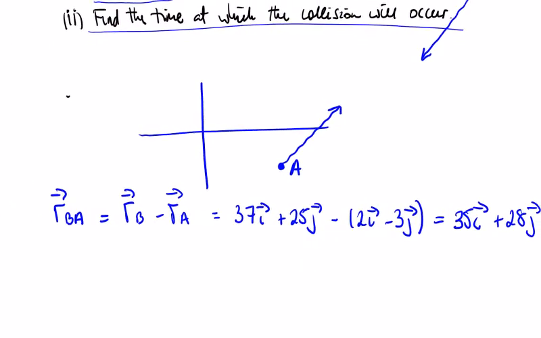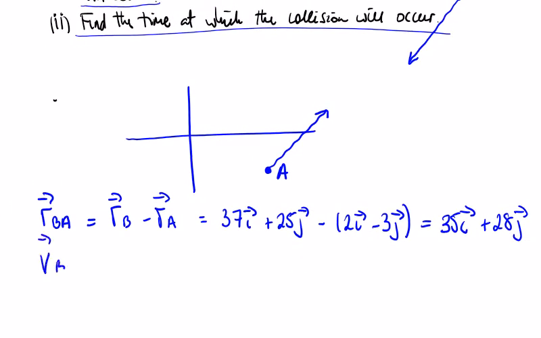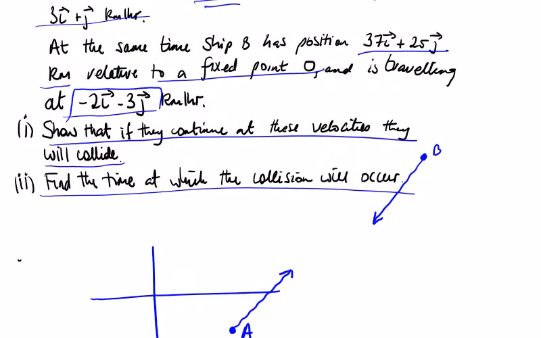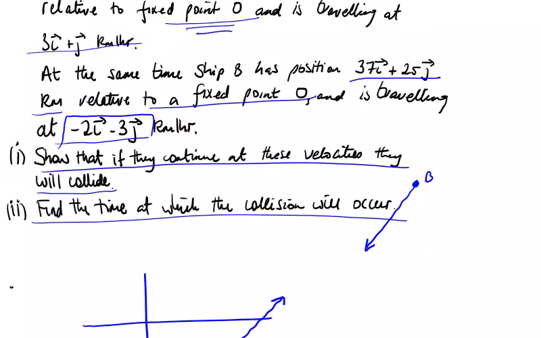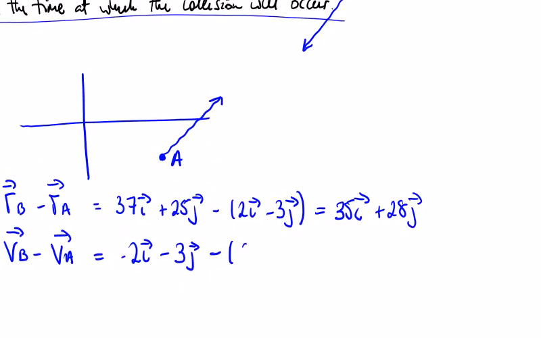Now if we look at the velocity of B relative to A, we know this has to be a constant times the other one. So the velocity of B minus the velocity of A is going to give me, velocity of B is minus 2I minus 3J, and then minus, and A was moving at 3I plus J, which is going to give me minus 2I minus 3I, minus 5I, which is a seventh of 35, so we should get 4 here, minus 3J minus J, minus 4J.